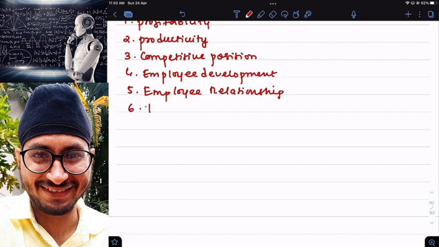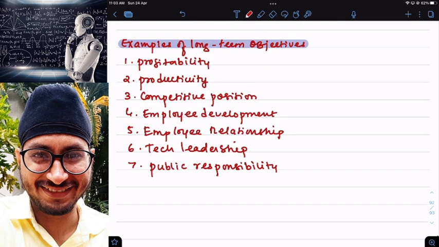Then technology leadership. I want to become a technology leader in the market. That is again long term. It cannot happen in short term, right? Then public responsibility. This is one more example of long term objectives. Okay, these are some examples of long term objectives.